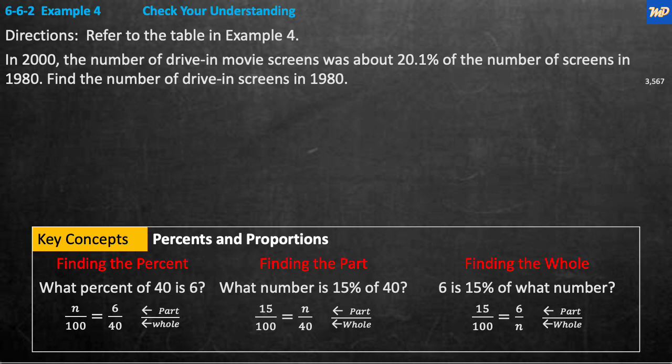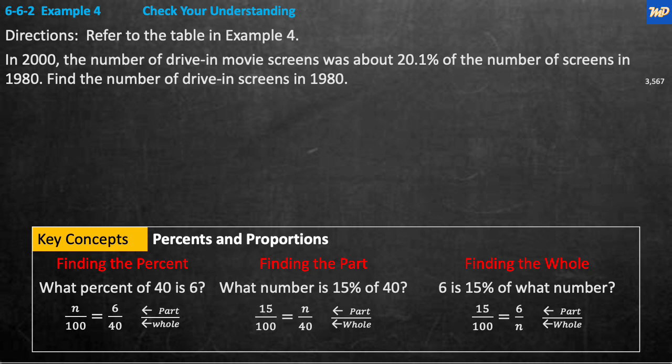The part per the whole. Now here they're trying to find out what percentage that is. How do we do that? We divide the numerator by the denominator, the 6 in this case divided by 40, and you'd end up with some percentage. Whatever that is, I'm not doing the math on it. So what number is the other part is find the part.